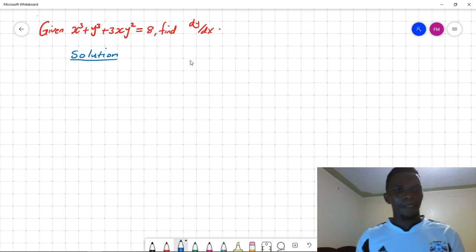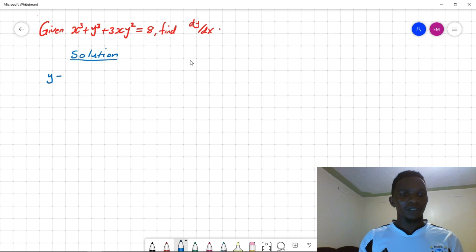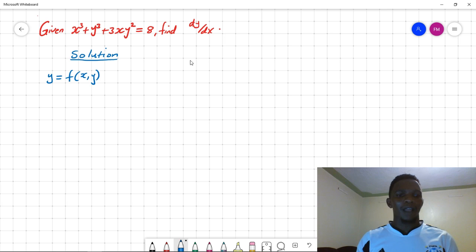So here you realize the function that we are given is expressed in terms of f of x, y, as opposed to an expression whereby you're given y is equal to f of x.